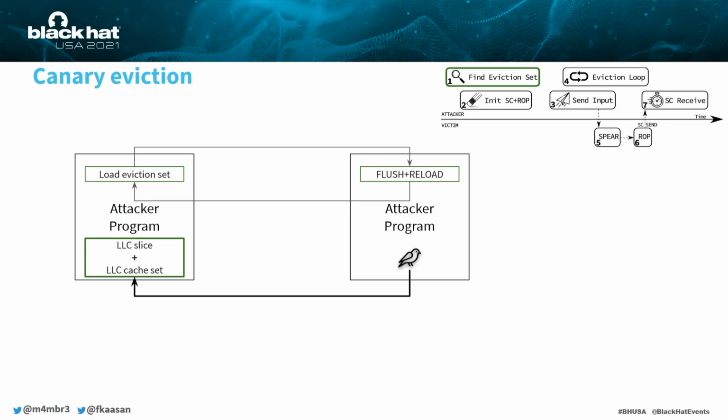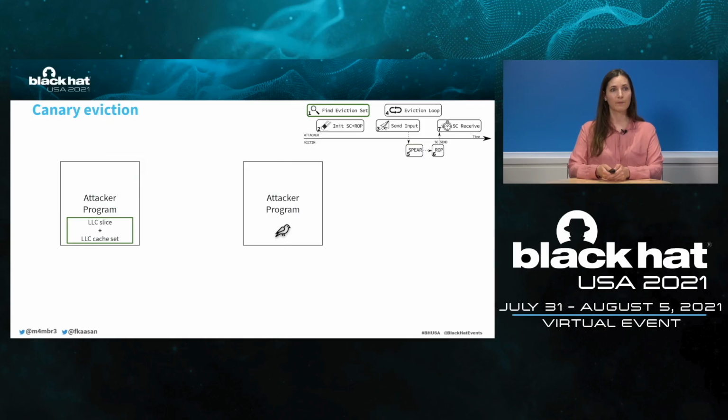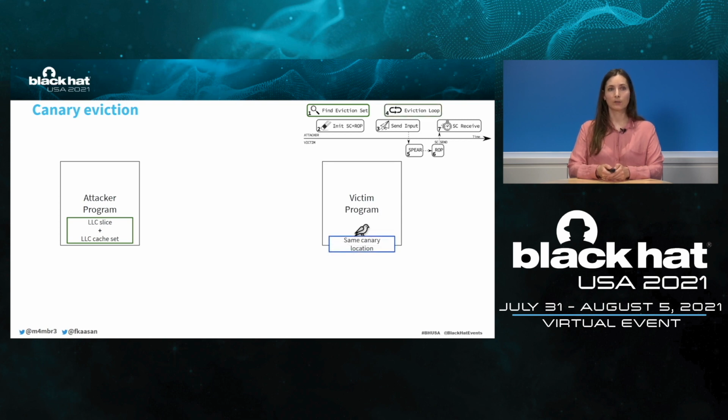In this example, we will consider the first scenario where the attacker process will exec the victim program, and thus the canary memory page is preserved at victim startup. The sets that were previously computed are still usable, such that the attacker can now evict the canary value in the victim process.